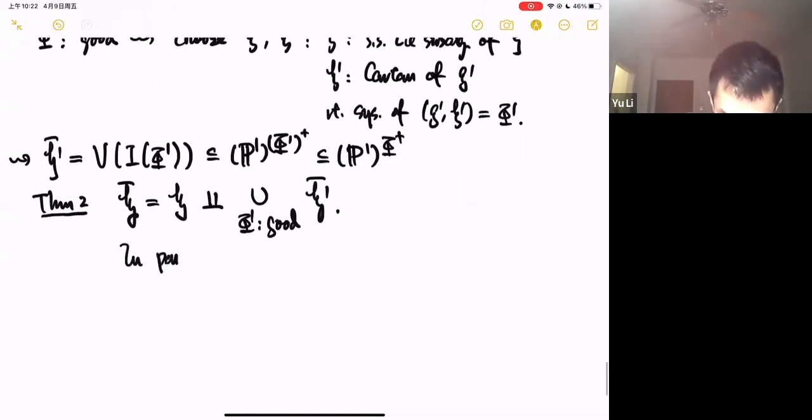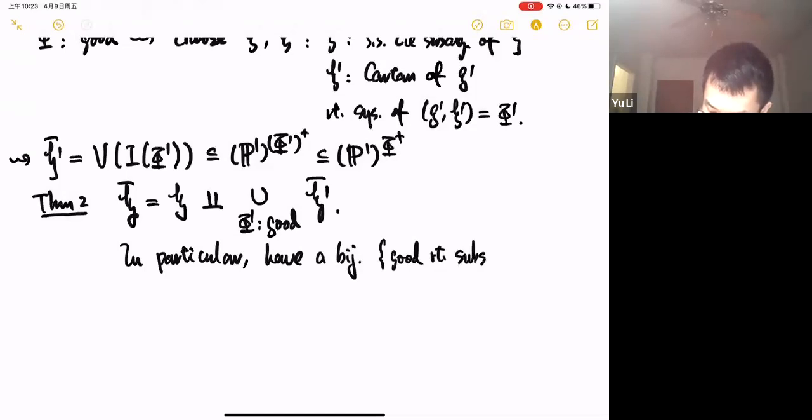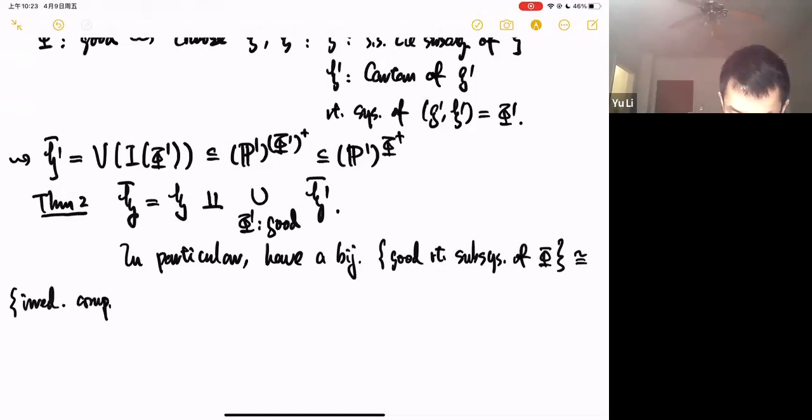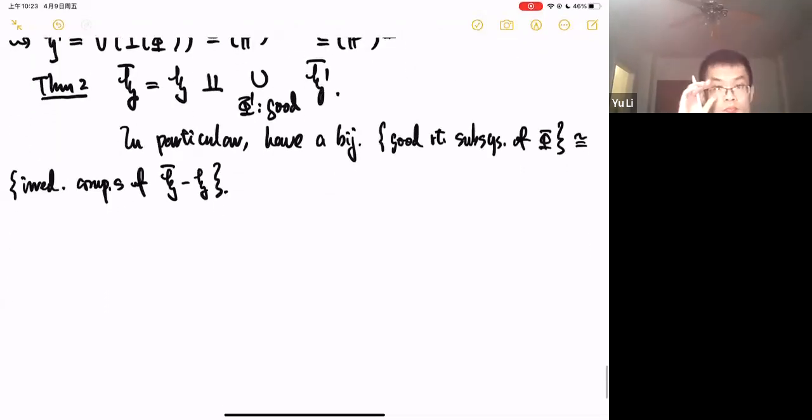So in particular, I have a bijection from good root subsystems of phi to irreducible components of the boundary, which sends phi prime to H prime bar. Okay, any questions? All right, great.